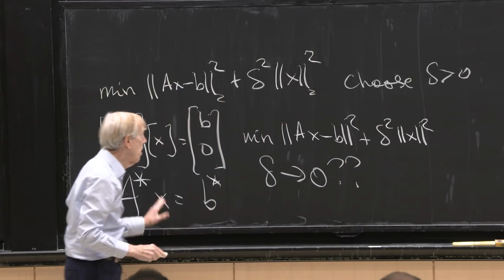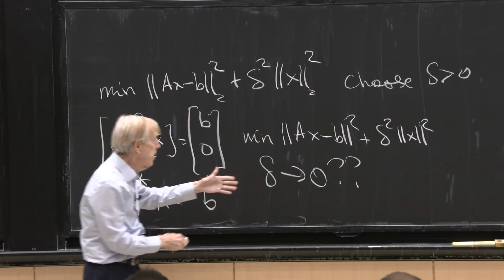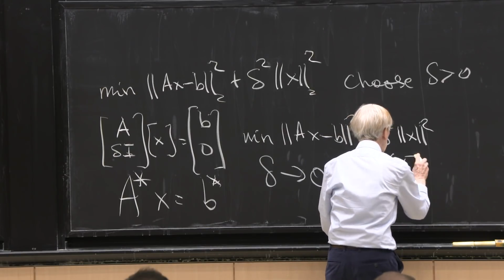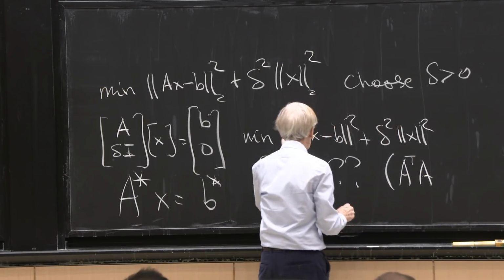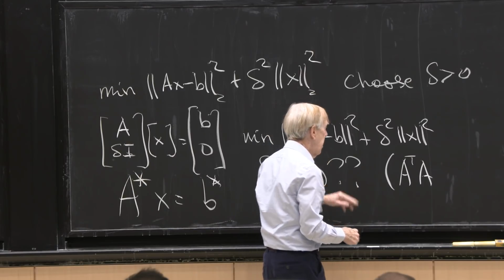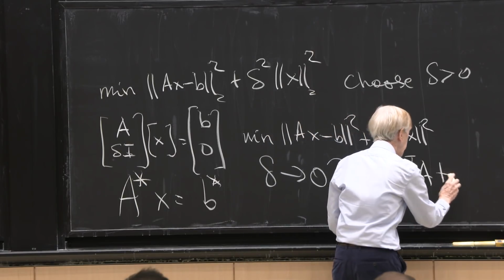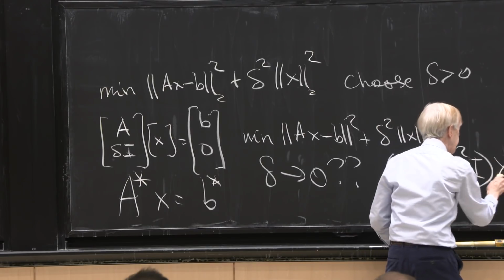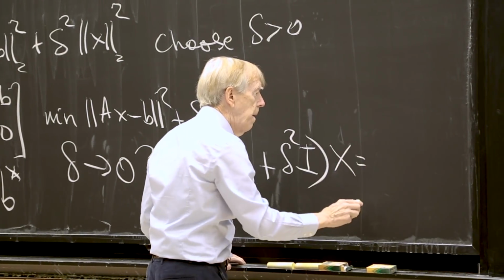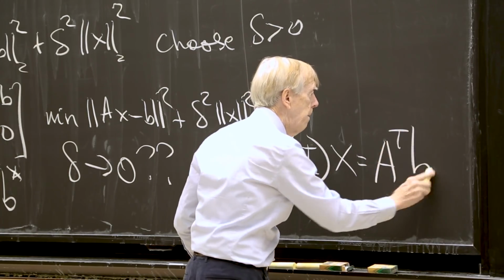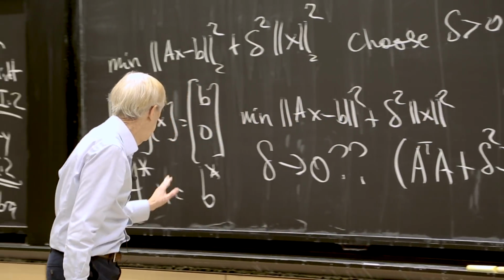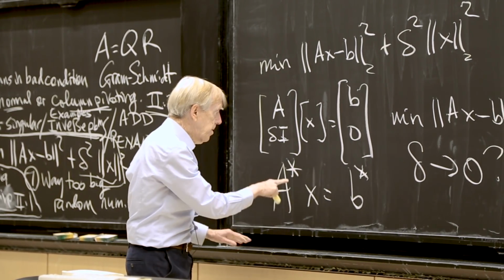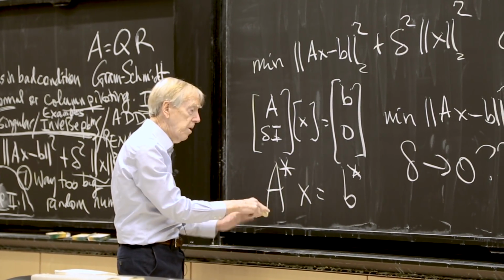So suppose I solve this problem. Let's see, I could write it differently. Shall I write what would be the equation here? This part would give us the A transpose A, and then this part would give us just the identity, X equals A transpose B. So really, I've written here A star transpose A star.